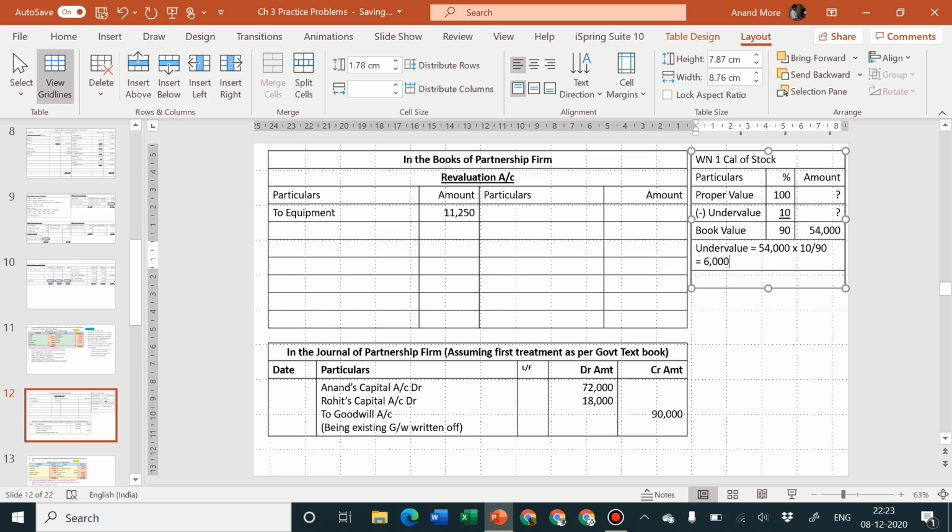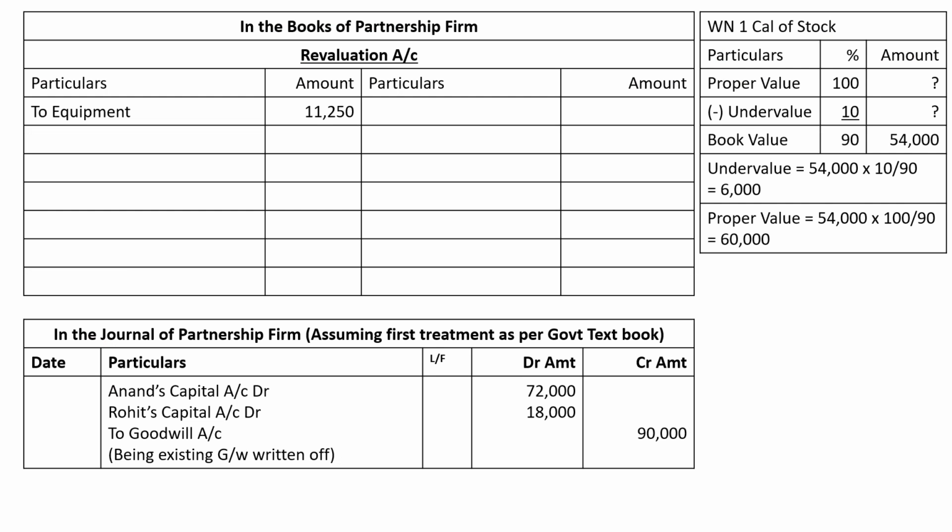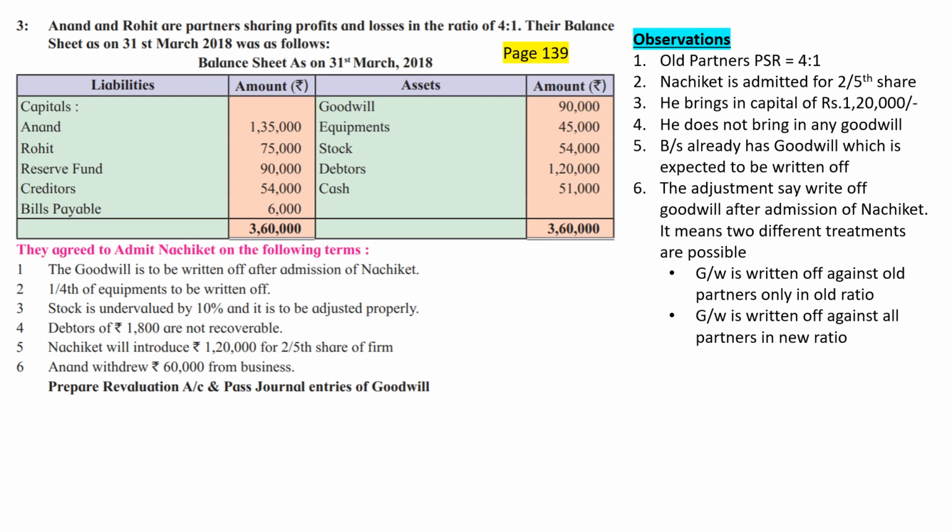Very good. And proper value is equal to 54,000 into 100 upon 90. That goes to how much? Obviously 60,000. So in the balance sheet, the stock should be brought up from 54,000 to 60,000 because 54,000 is already undervalued.